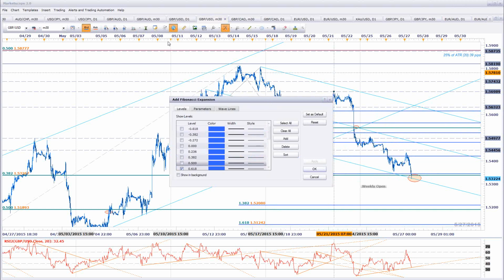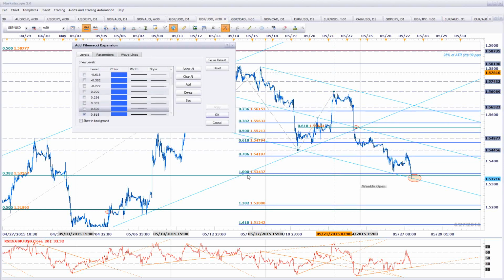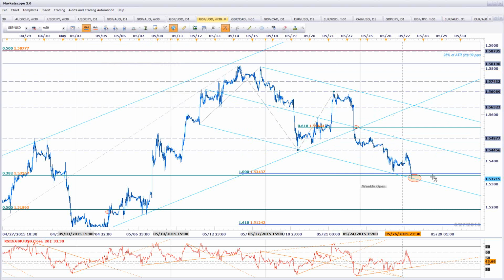So it also completes 100% extension right off the high. You see that? We're pushing through that right now, but again, we're about to head into the open, so you don't look at these pre-open swings with too much emphasis, specifically as they test these levels. We'll leave that on.